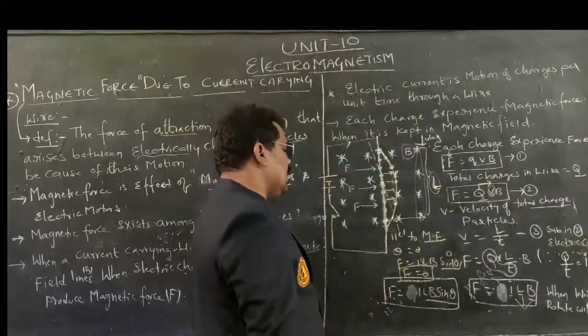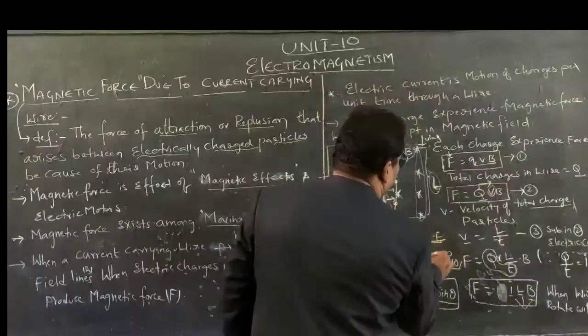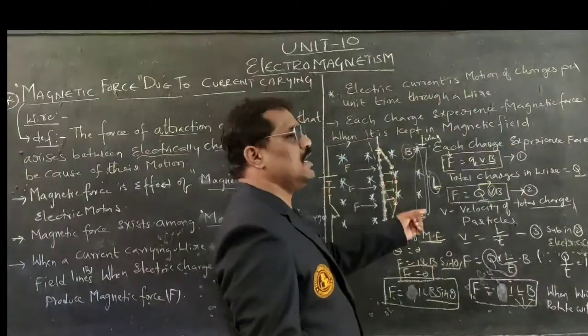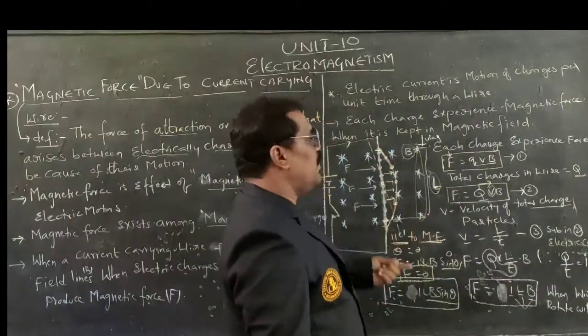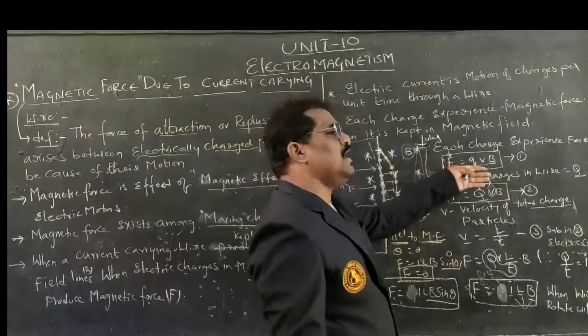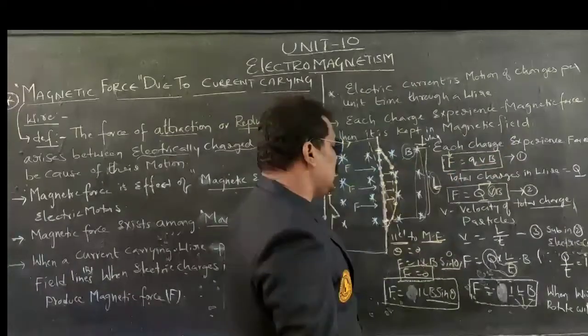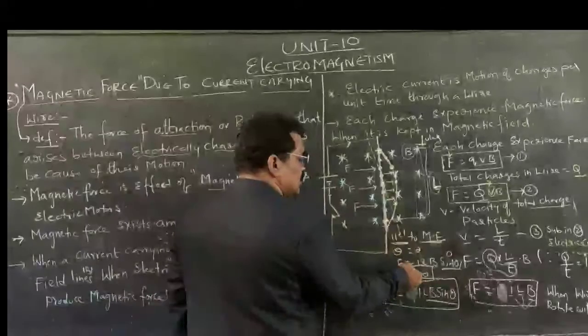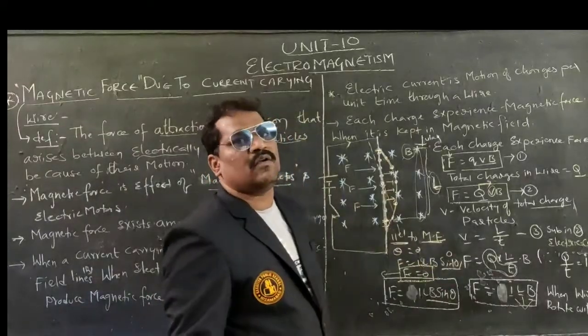That is the case when it is placed exactly parallel to the magnetic flux density or magnetic field. When I place it along the direction of the magnetic field, the magnetic force exerted on the body is 0. Why?